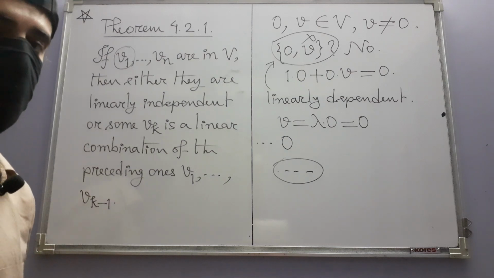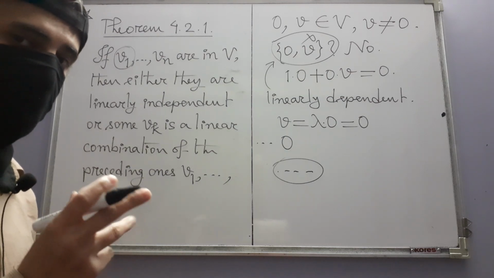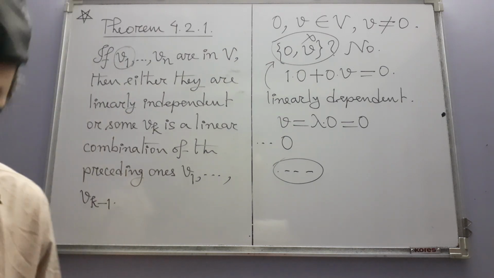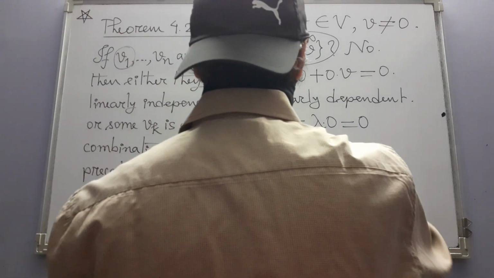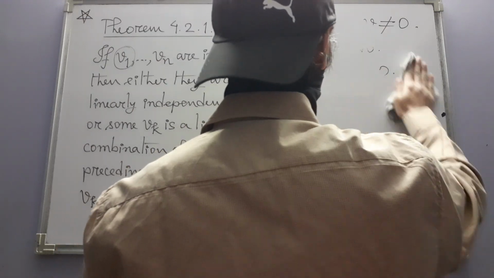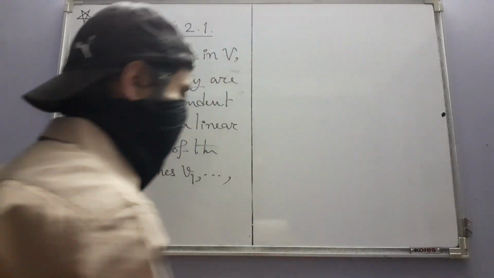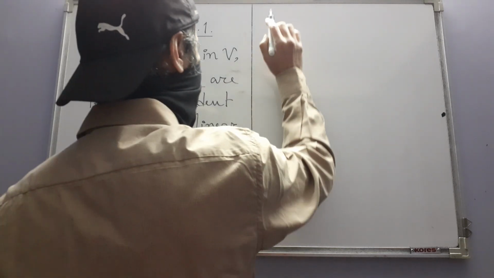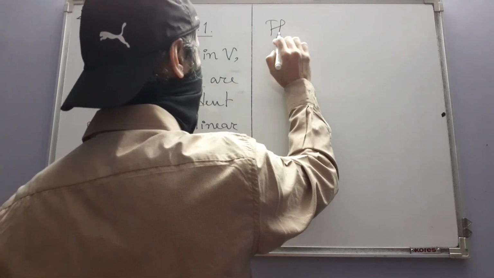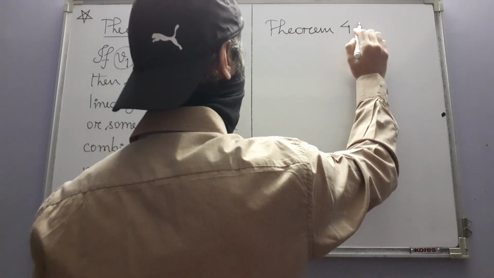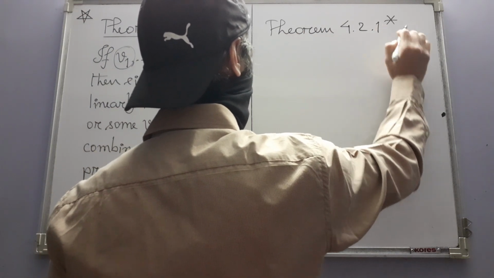So what do we do? Now I am going to slightly modify the theorem. I will make two changes to that statement. So this is our new theorem, Theorem 4.1 star.